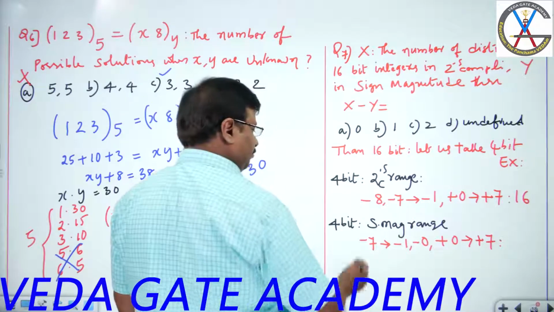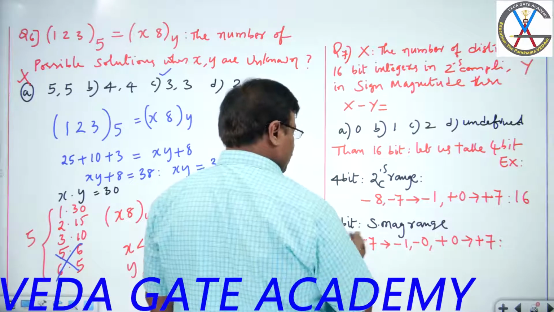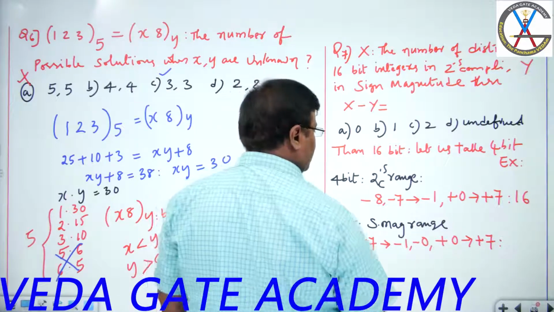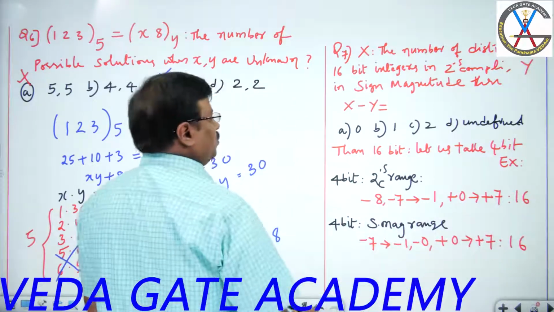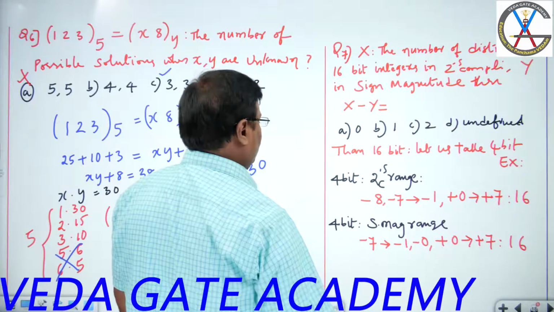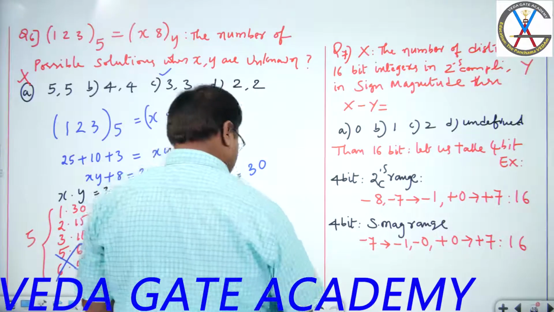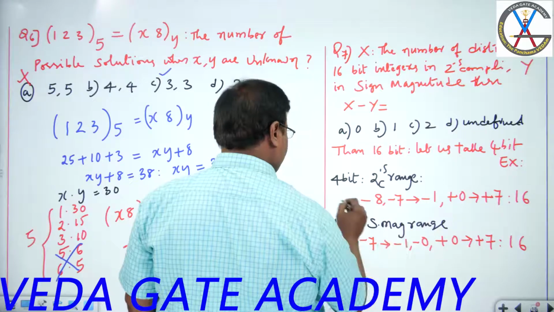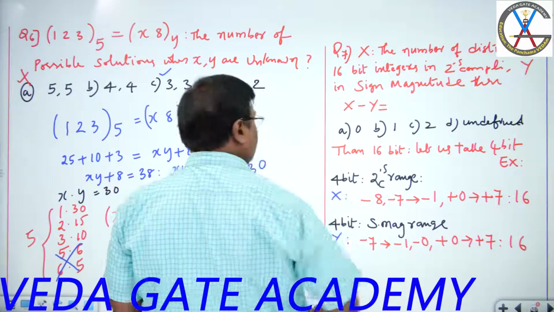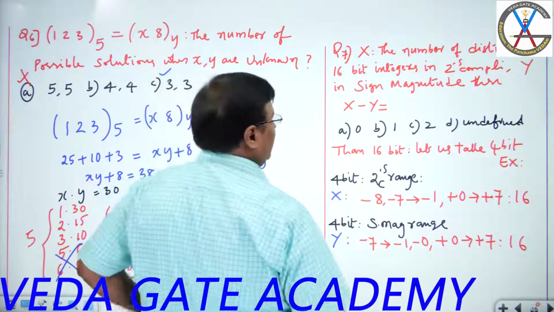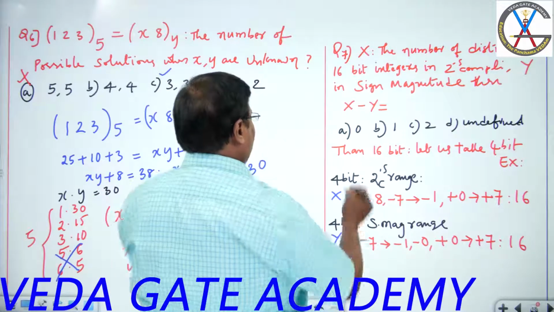How many here? Here also minus 7 to minus 0, plus 0 to plus 7. The values are 16 only. Excellent. So what is x, what is y? This is x, and this is y. What is asked? x minus y. 16 minus 16, 0. Do we have an answer? Yes, we have.